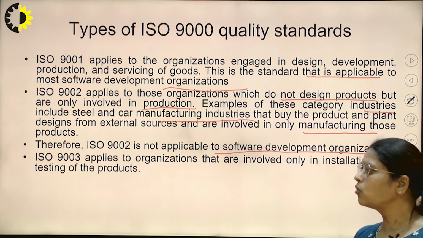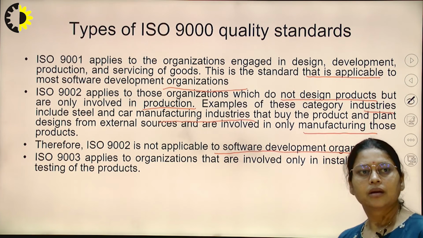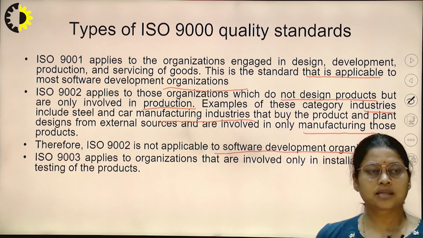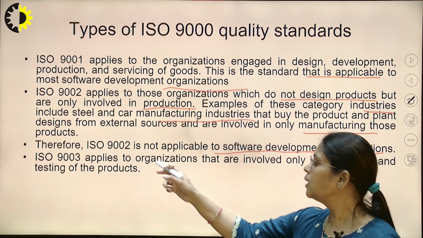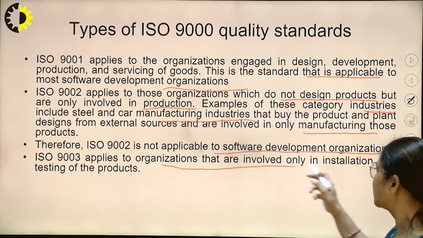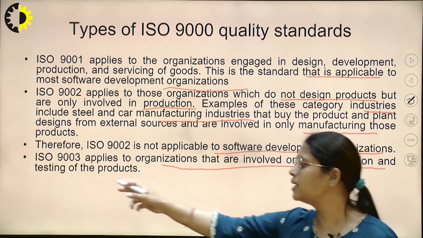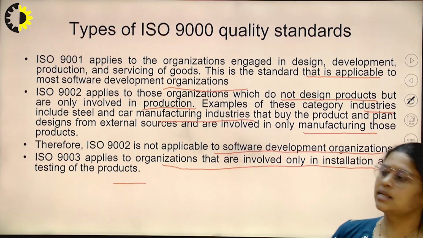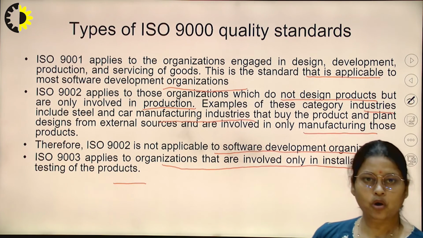If we are talking about ISO 9003, what type of companies are eligible for this? It applies to organizations that are involved only in the installation and testing of the product. Means such companies are only involved in testing and installation of any product.